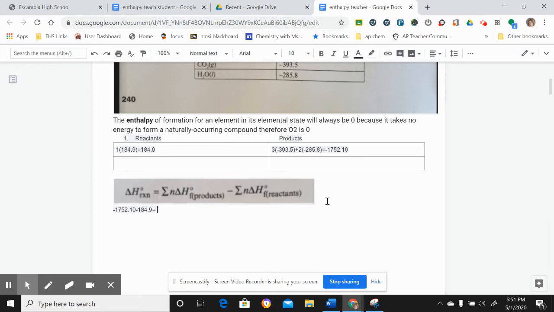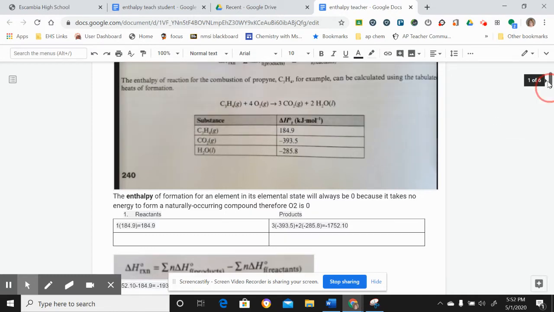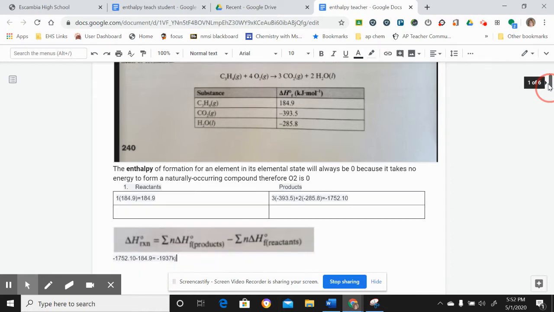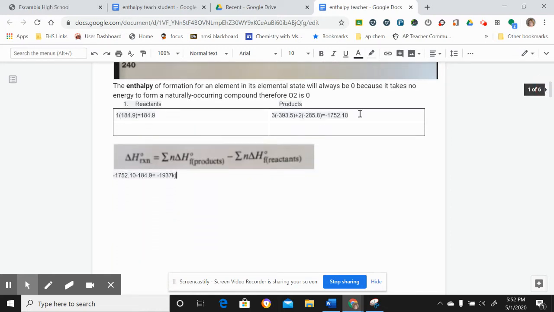When I get a total of that, I would get a negative 1937. And that's my heat of reaction, and that's kilojoules. I look up here, the units on the top there says kilojoules. And remember, it's mole minus 1, so that means it's over. So it's kilojoules per mole.